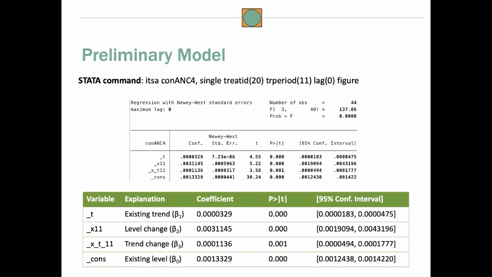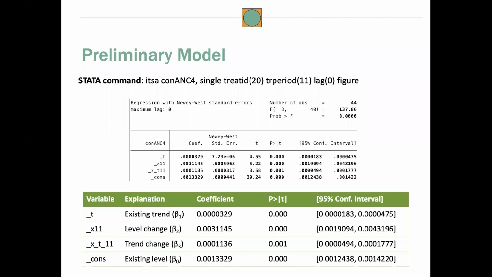After the policy, there appeared to be an increase in the constituency rate of fourth ANC visits per month of about 0.311%, and an increase in the trend of the constituency rate of ANC visits by about 0.011% per month. And this increase in the trend in the post period is relative to that in the pre-policy period.